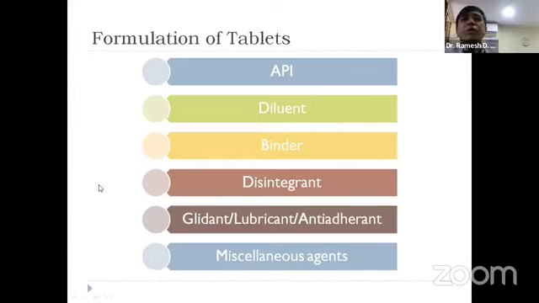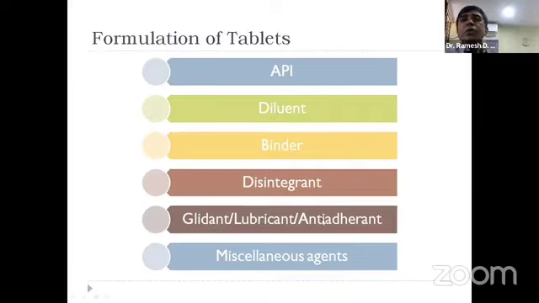The formulation of tablets: formulation means formula, which ingredients are present. Whenever we are formulating a tablet, we need to incorporate some ingredients. And this is the list of the essential ingredients which are to be incorporated in a tablet. First one is the API, diluent, binder, disintegrant, glidant, lubricant or anti-adherent, and miscellaneous agents.